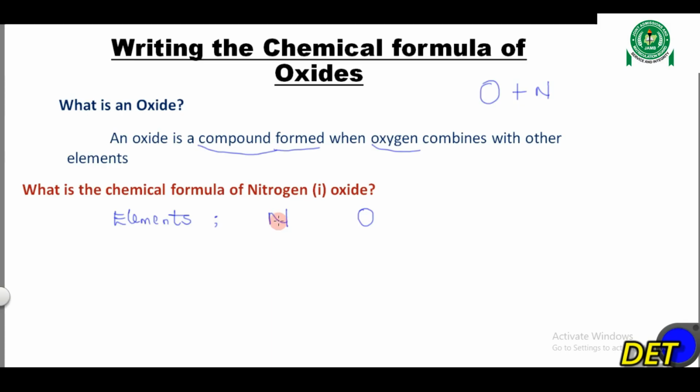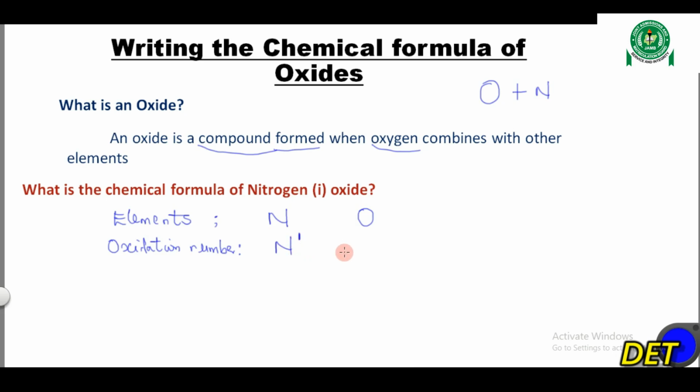So the next thing is to write the oxidation number. We fix the oxidation number to them. What is the oxidation number of nitrogen in this compound? Nitrogen 1 oxide is telling you that the oxidation number of nitrogen is 1, and so you are going to write N1.